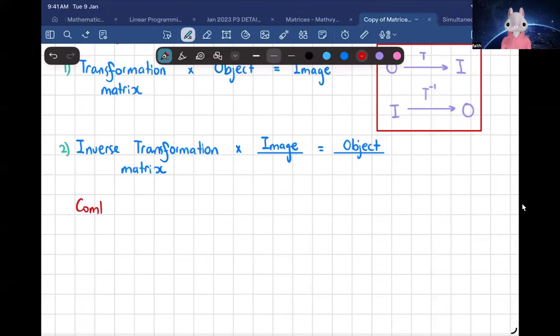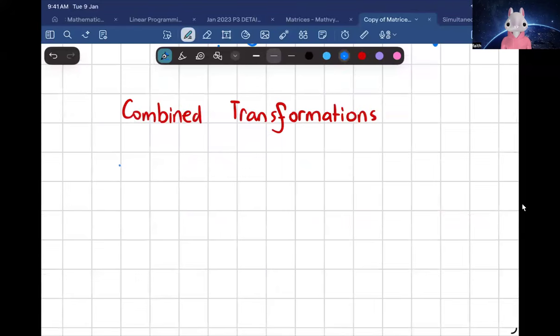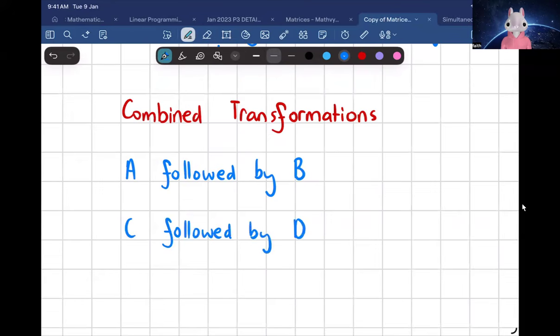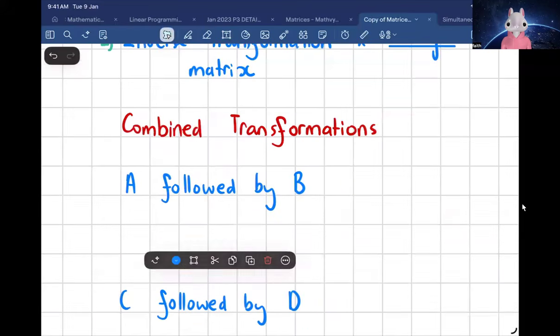So combined transformations. You'll typically see phrases like A followed by B. You might see C followed by D. A combined transformation is when you do something to an object and then do something else to it.